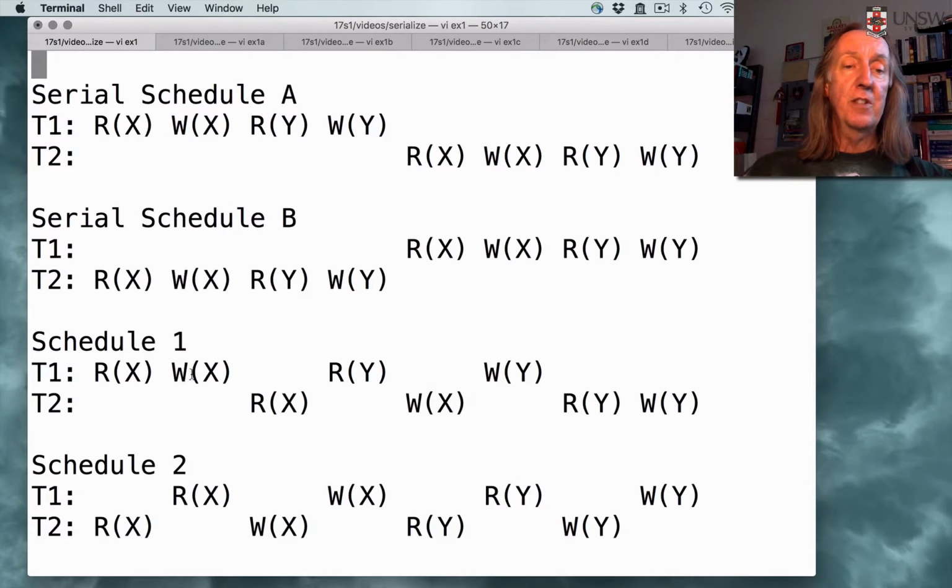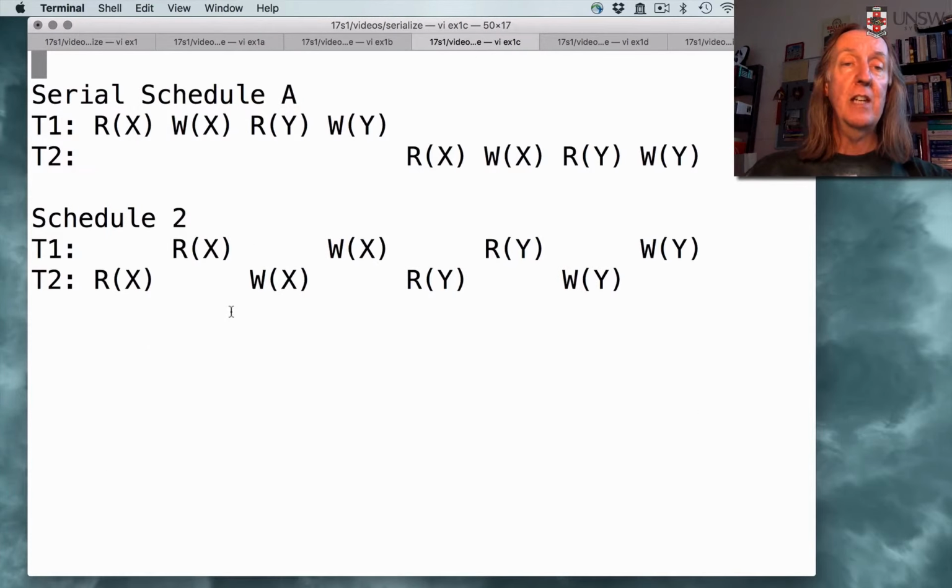So we saw that on the initial thing we had another schedule where we've got significant interleaving of the operations. Alright, so let's check whether there's view equivalence here.